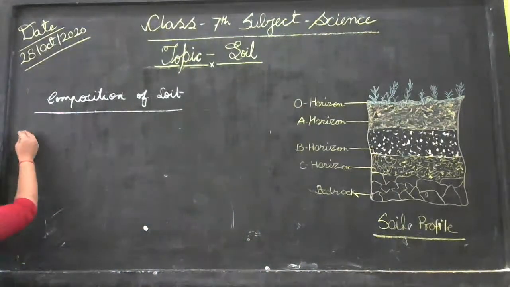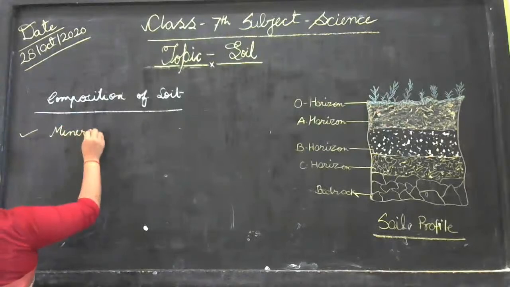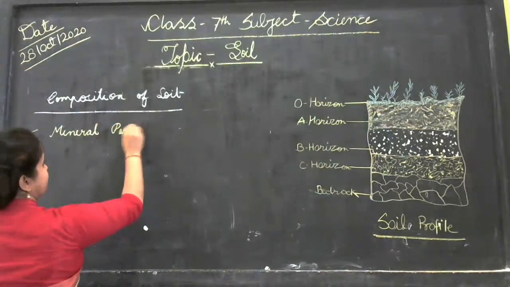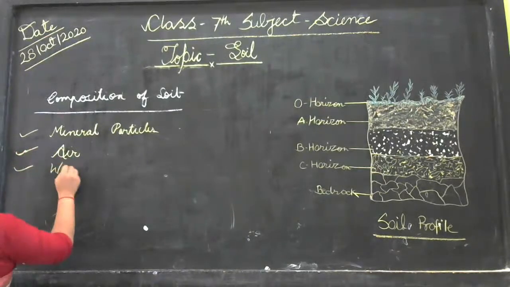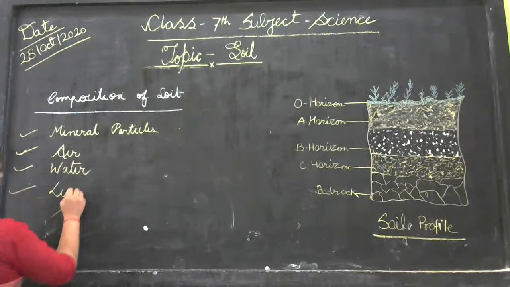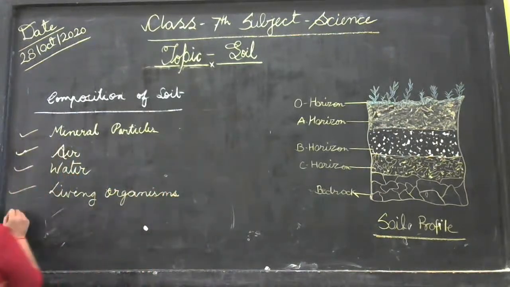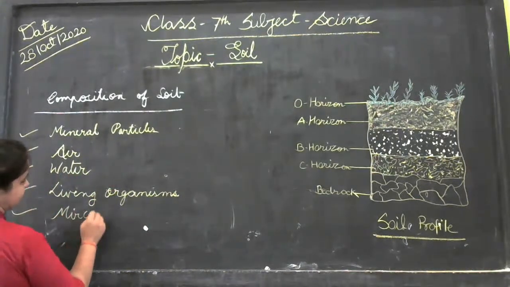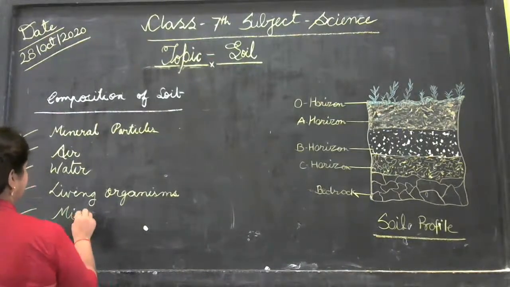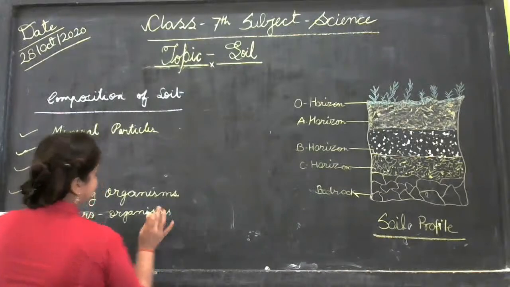The first thing which is present in soil is mineral particles. Next is air. Okay, then water, living organisms, and microorganisms.